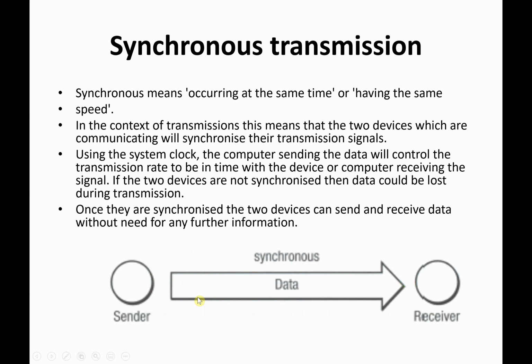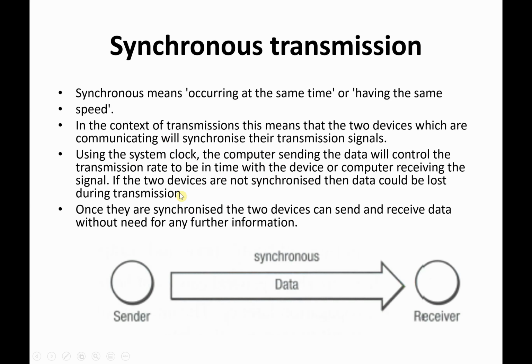When we're sending data, bit, bit, bit, bit, the receiver has to be in the same synchronization so it can receive our bits. It doesn't want to be out of sync. It doesn't want to be trying to read it faster or slower than we're sending it.